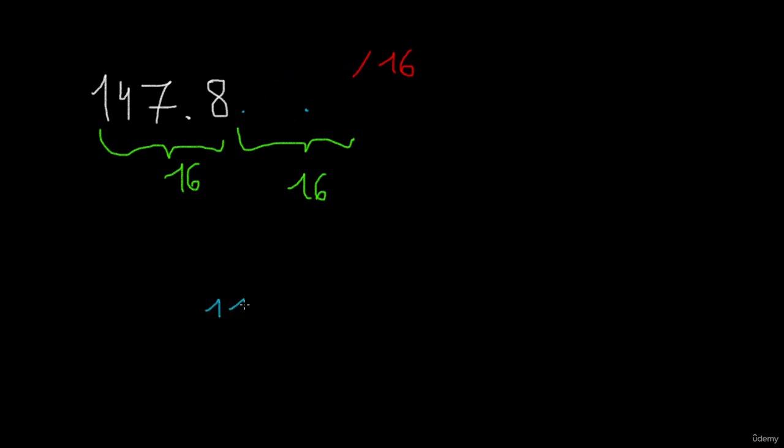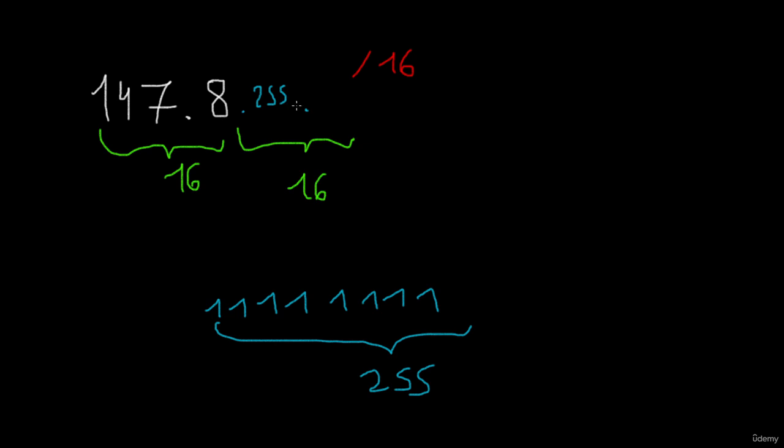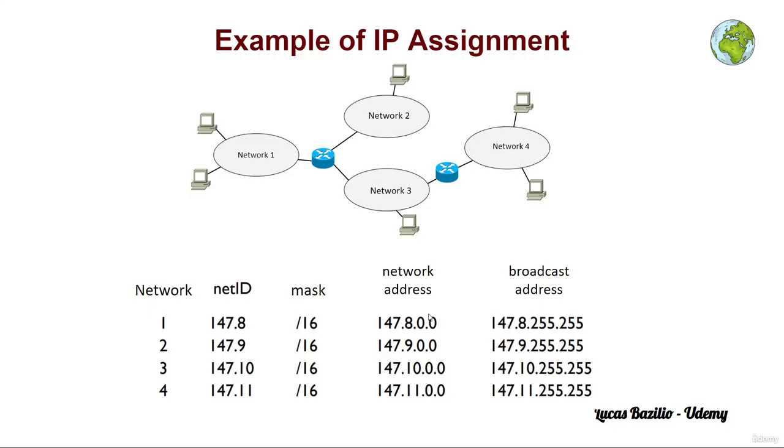If we have 8 ones, this is the number 255 in decimal. So we will have 255 for 8 ones, and another 255 for the next 8 ones, 16 in total. This is now the broadcast address: the net ID and then all of the bits of the host ID set to 1.